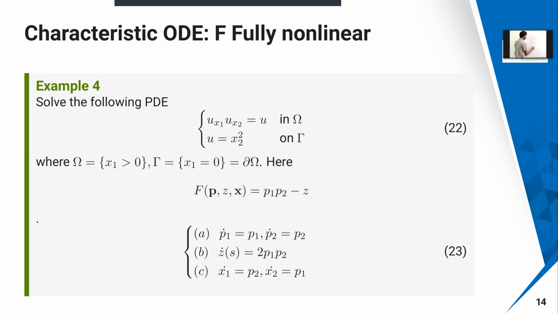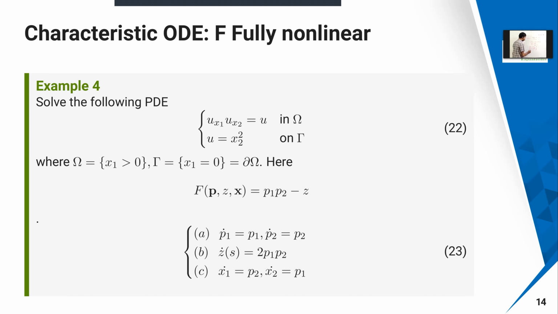This is into p, not suffix p. Since d_z f is minus 1, it is going to be p here, and here it is going to be q, because p is a vector with p1 and p2. So p dot equal to p, q dot equal to q.